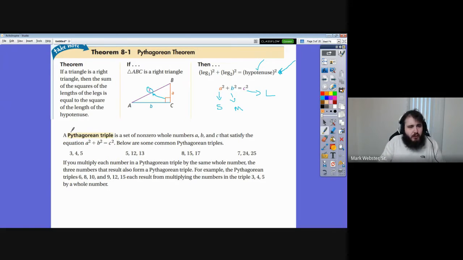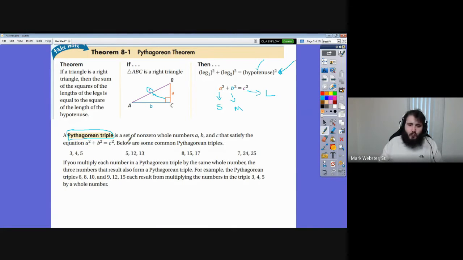All right. Now, I don't know if this is something that you've talked about previously, whenever you first learned the Pythagorean theorem in middle school. But we talk about Pythagorean triples. A Pythagorean triple is just a set of three numbers that when you plug them into the Pythagorean theorem, they make the Pythagorean theorem work.